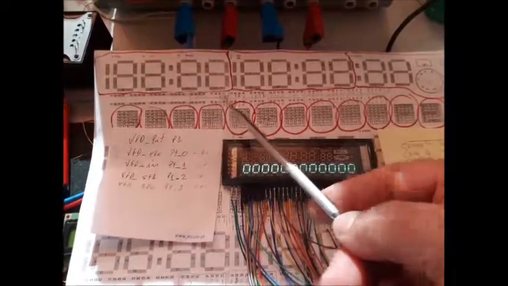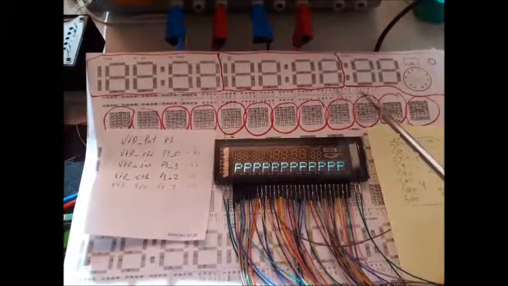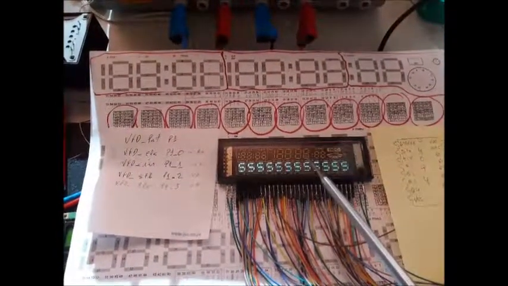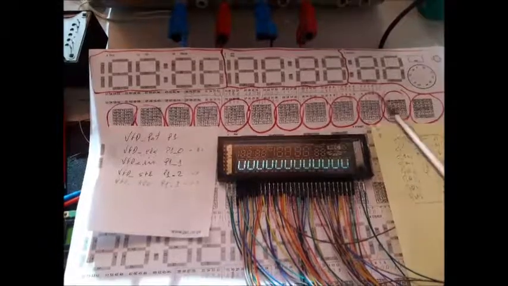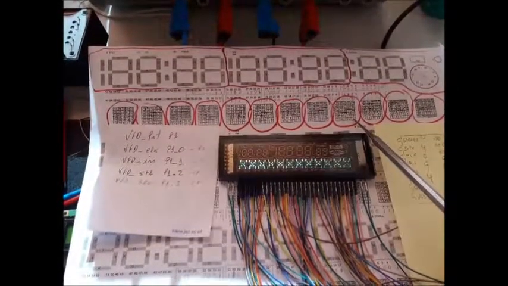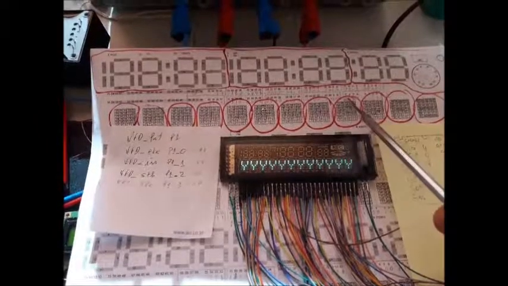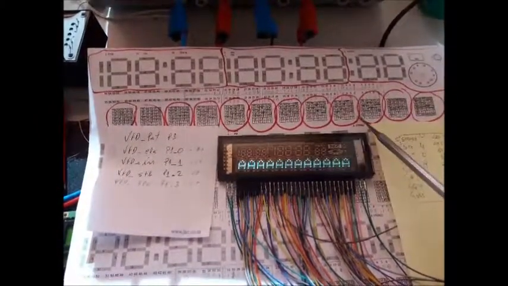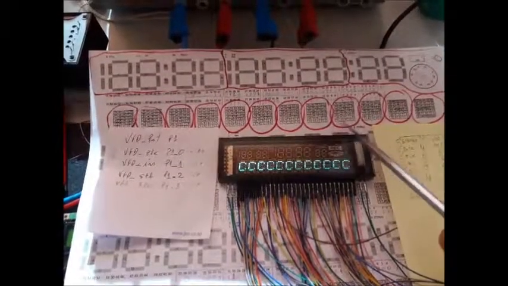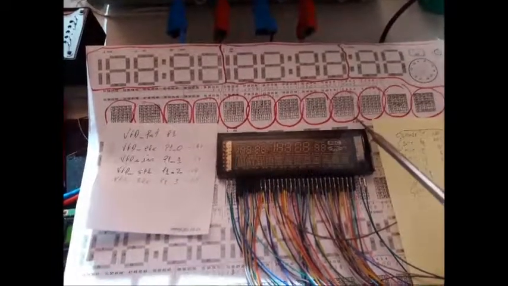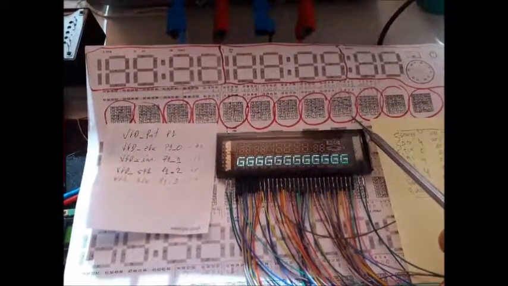These pins are the anode pins of the tube. The first 35 go from this to this, and represent the matrix of 5 pins horizontal by 7 vertical, okay.